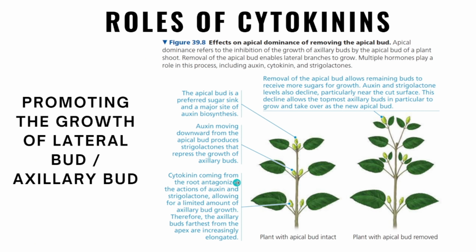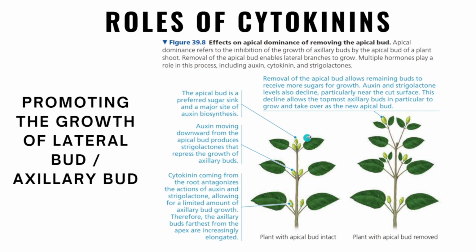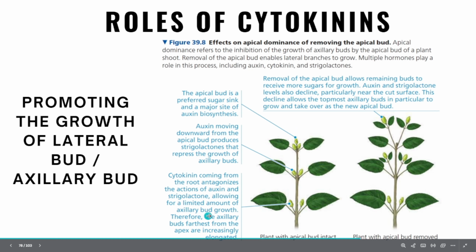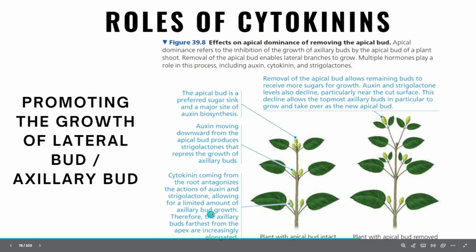When cytokinin is highly concentrated, even though you do not cut the apical bud, if the cytokinin from the root is very high, it allows a limited amount of axillary buds to grow. Although auxin is there, it can still grow, but very little. Therefore, the axillary buds farthest from the apex are increasingly elongated.